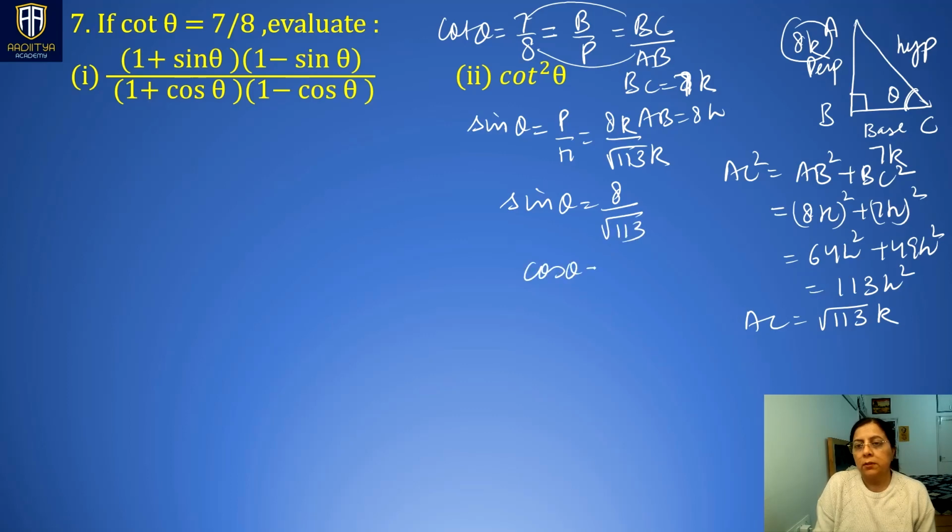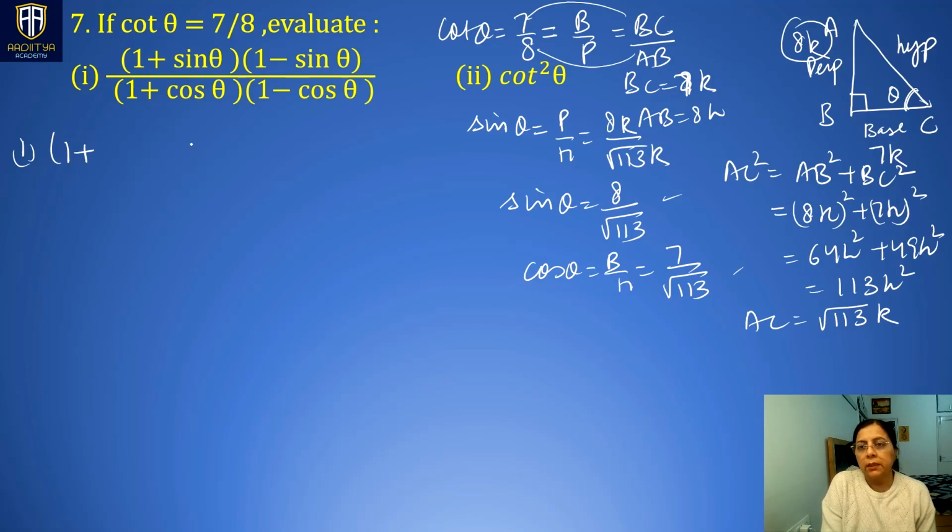Cos theta is base upon hypotenuse. Base is 7 upon root 113. Now we have found these two values. We require only these two in the first part, so I am putting the values directly in this expression.